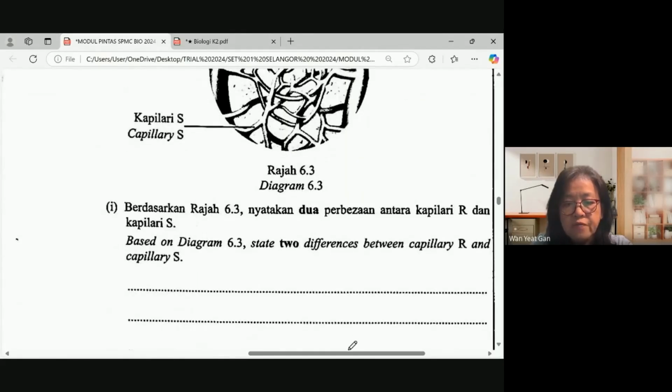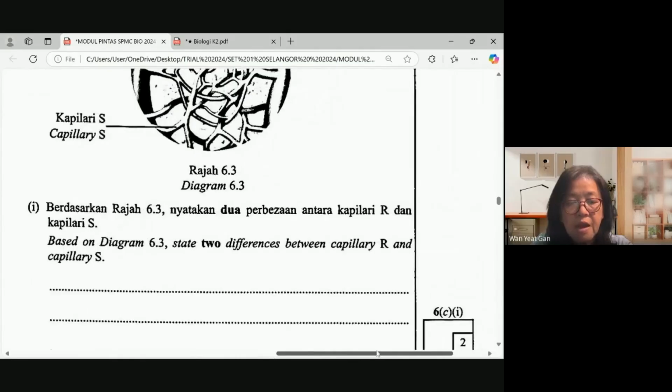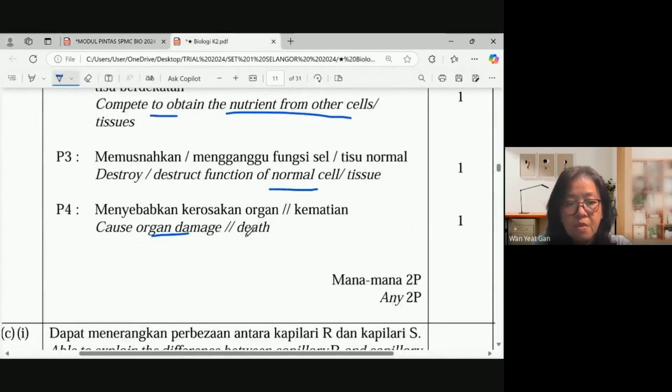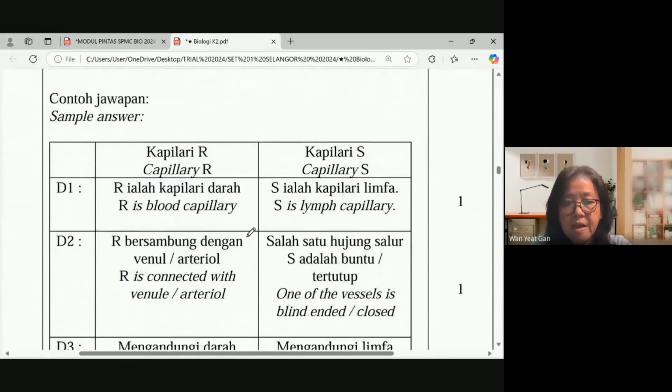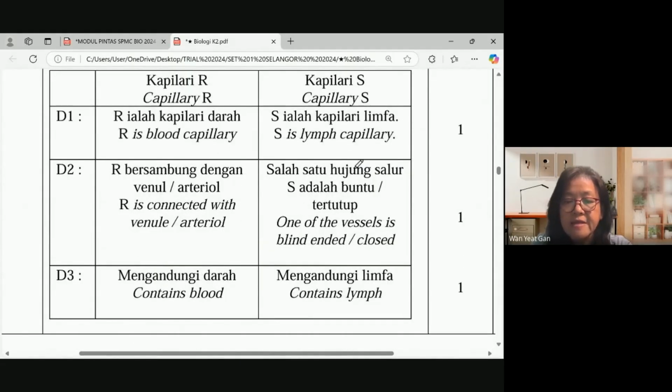State two differences between capillary R and S. So capillary R is a blood capillary and S is a lymph capillary. How we know is that we can see from the picture that R is connected with the venule and arteriole, while S has a blunt end, so it is not connected to any other vessel.